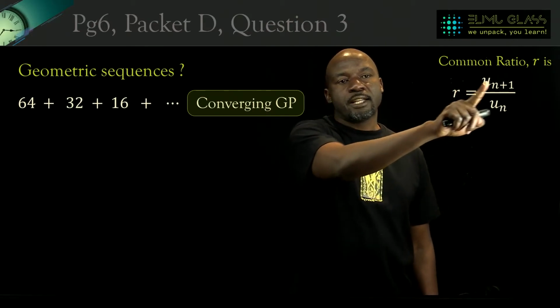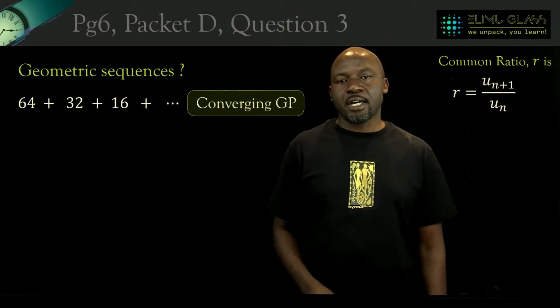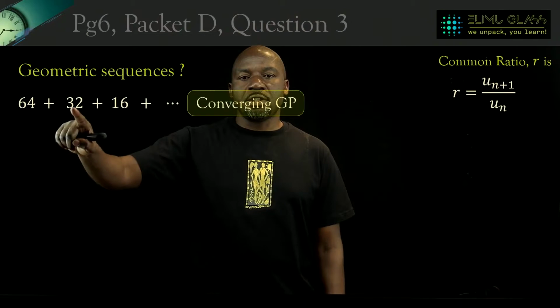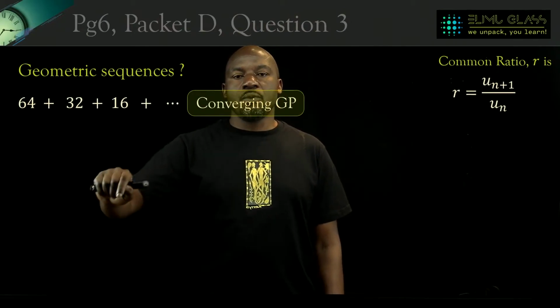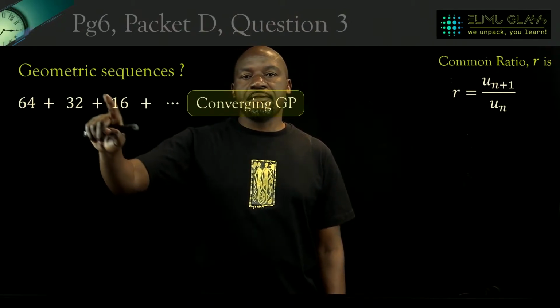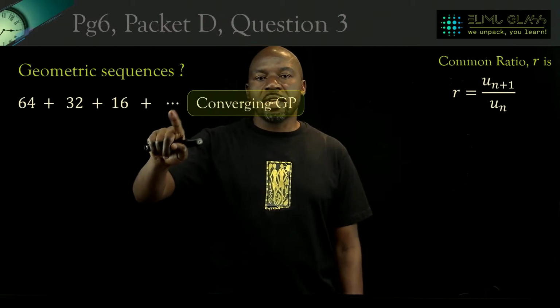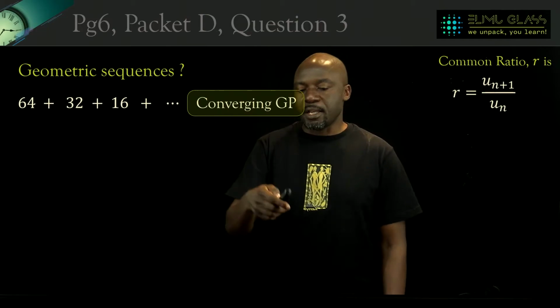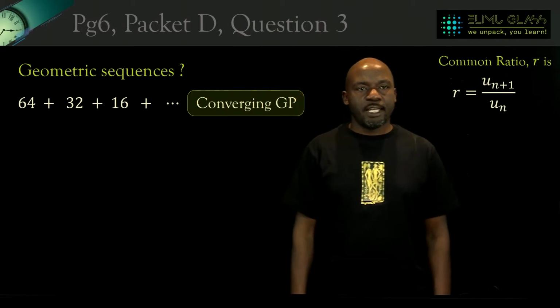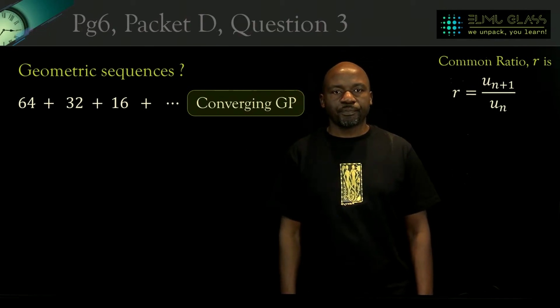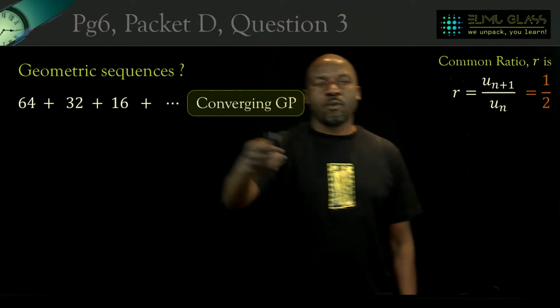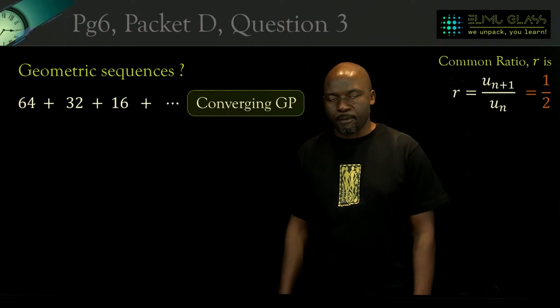The common ratio is the next term divided by the current term, and if you check here, you should be able to see that the common ratio is 32 divided by 64, which should also be the same as 16 divided by 32, which should be the same as what we have here, divided by 16, and so on. And if you check that carefully, you should see that it is actually a half. Okay, so the common ratio for this particular sequence is actually a half.